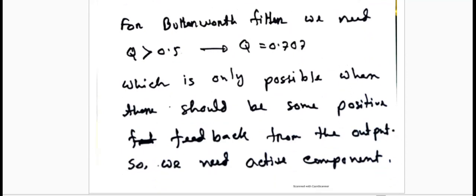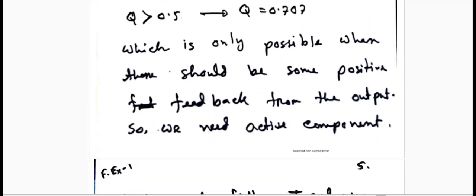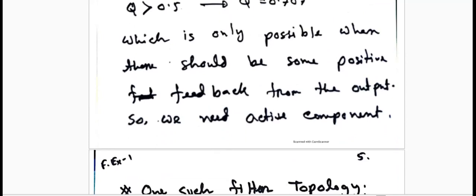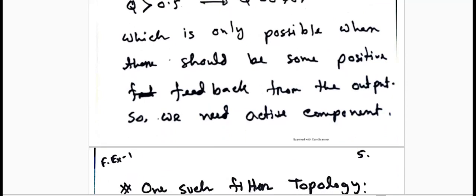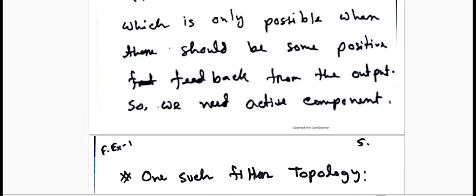We have shown that this is only possible when there is some positive feedback from the output. So we need active components, because in a passive circuit like RLC, we don't have any positive gain, that means positive feedback.